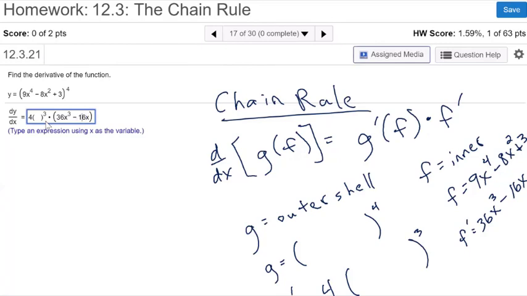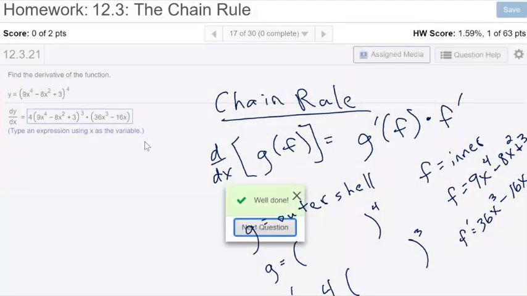And now it's g prime of f, so I'm going to take my original function, the 9x to the fourth minus 8x squared plus 3. It doesn't change inside the parentheses, so it stays the same. And then the derivative of it is what's multiplied behind. So that may be an okay way to do chain rule. I don't know if you want to do it like that, but anyway, there you go.